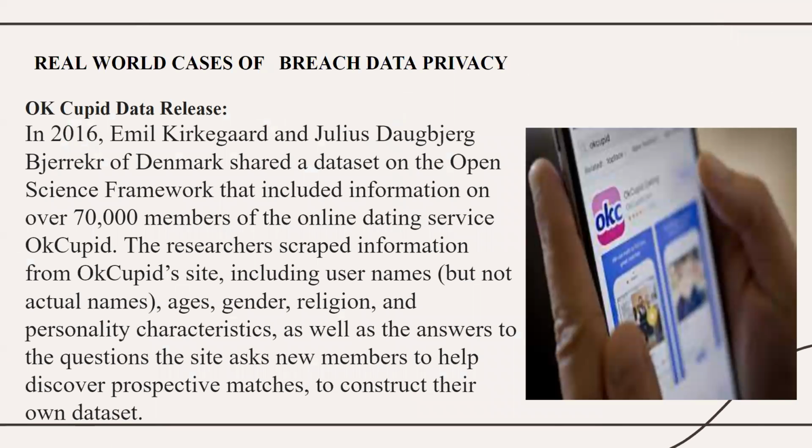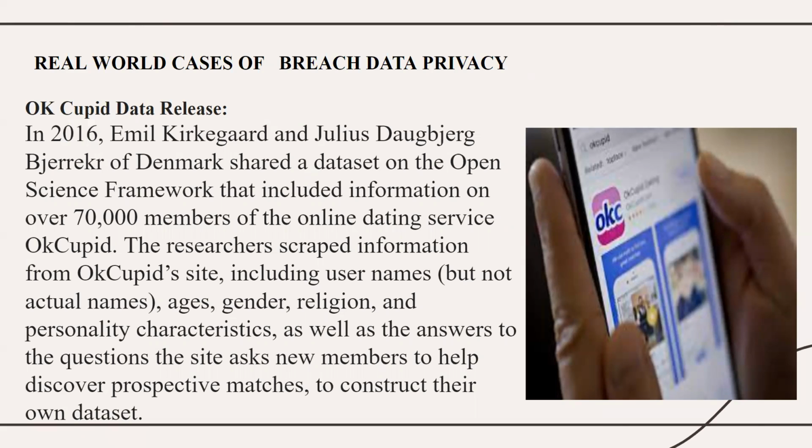So moving forward, we'd like to briefly talk about some real-world cases of data breach. We have the OkCupid data release, which was a data breach that happened back in 2016.